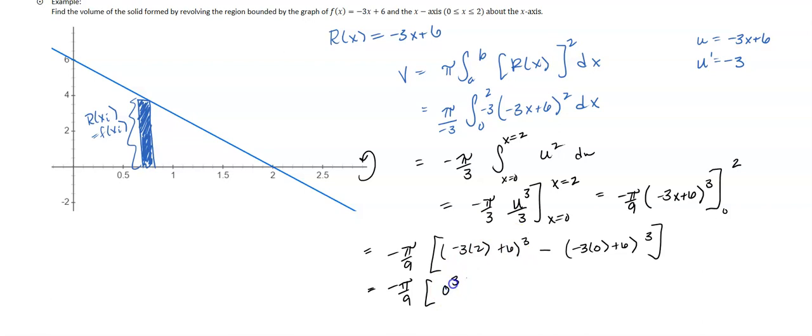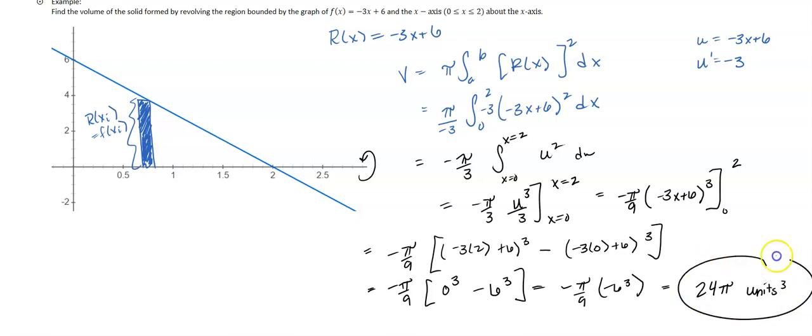So this is actually 0 cubed minus 6 cubed, all times negative pi over 9. And negative 6 cubed times the negative pi over 9 is going to give us 24 pi units cubed.